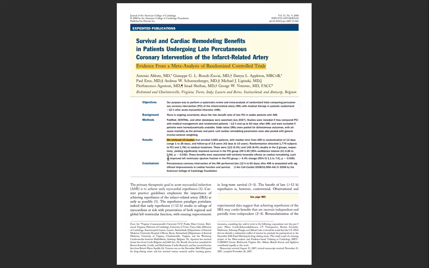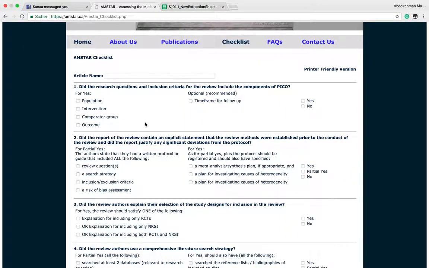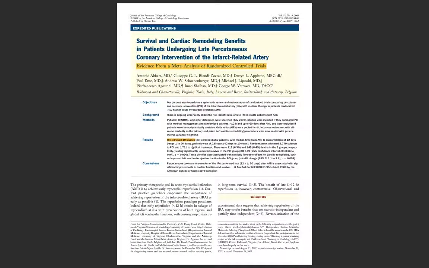So we see the population. I already did that. The population was specified here. This is the outcome they seek. Okay, we have here comparator group.